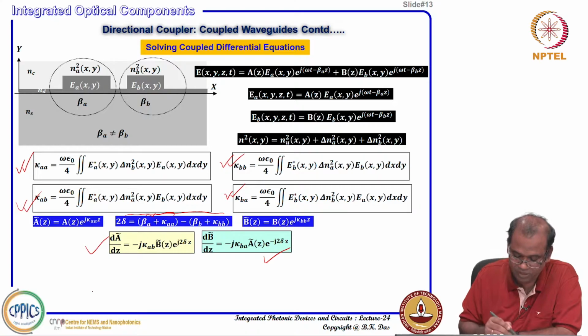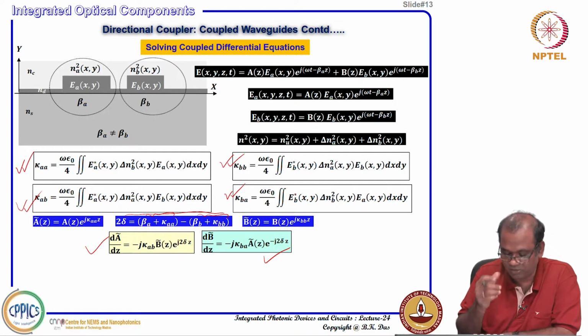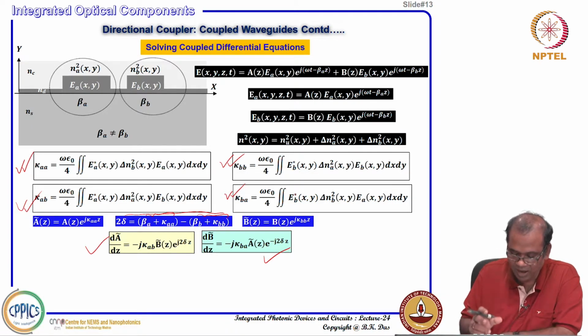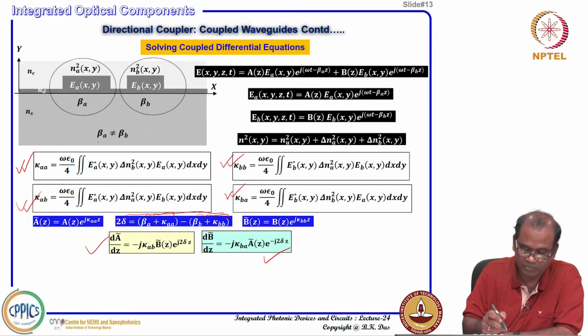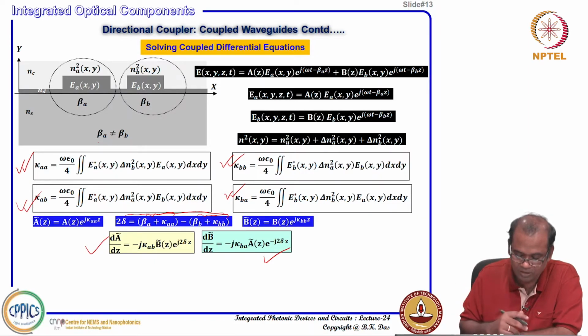This is the perturbed waveguide propagation constant for waveguide A, perturbed because of the presence of the second waveguide, and since beta A is not equal to beta B, kappa AA and kappa BB, whatever they contribute, may not be equal. But after perturbation it can happen that 2 delta equals 0, that can be considered. If you can design, that is fine. And we have considered A tilde z, that is, instead of A z we have added one more kappa A z in that equation, and as a result you are getting this one and this one.